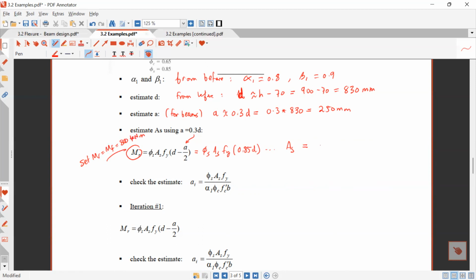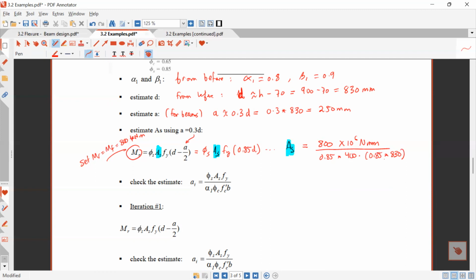So this is just going to be equal to 800, and again I'd be careful of the unit, times 10 to the 6 Newton millimeters, divided by phi S, which is 0.85, times Fy, which is 400, and then times 0.85 times D, which is 830.